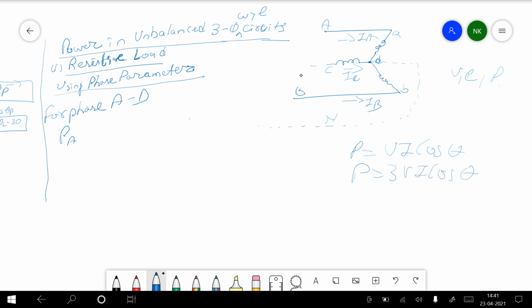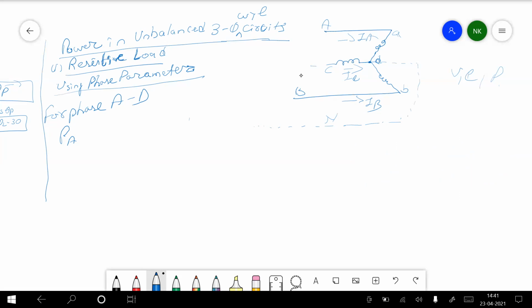It was single phase and it was three phase. So similarly for unbalanced condition, we have to find out the power for every phase, and then sum up to get all the different phases.